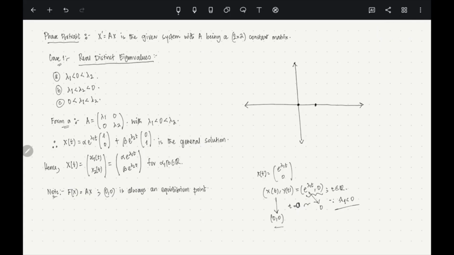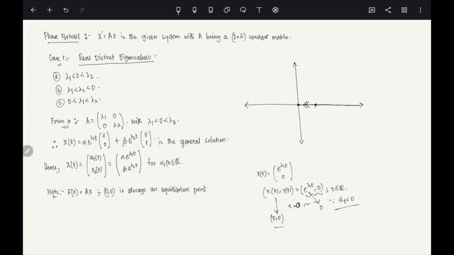Essentially, from minus infinity, this is the arrow which will indicate where the trajectory is going. So this is one of the trajectories, along this line only. One solution looks like this for a particular choice of alpha and beta, and it goes towards 0. As t tends to infinity, this goes towards 0.